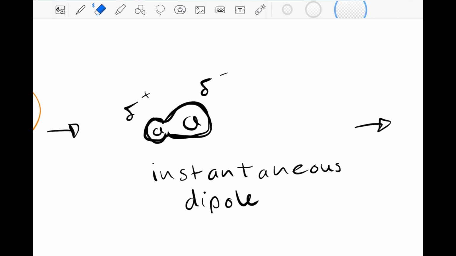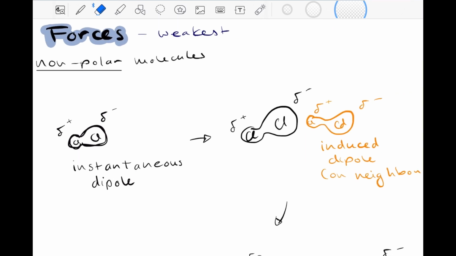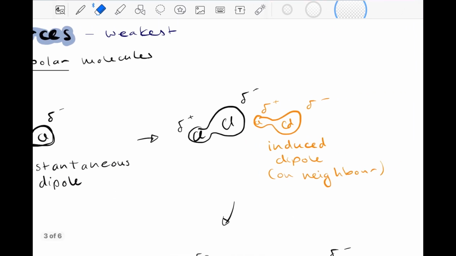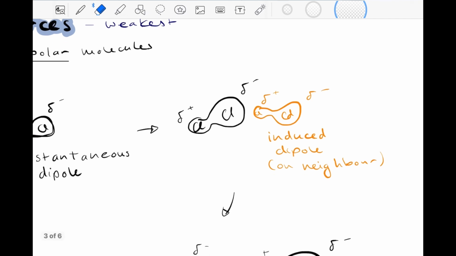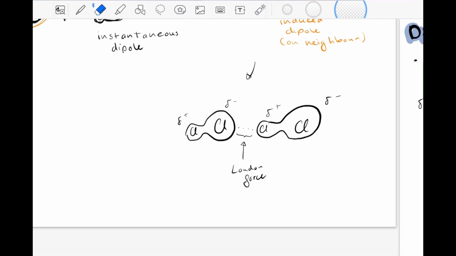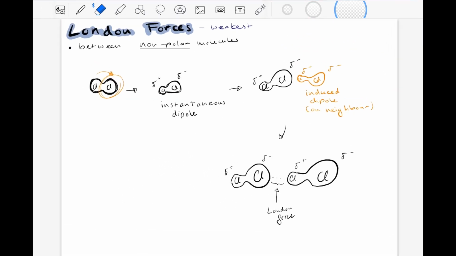So the electrons within the neighboring molecule move, and it has an induced dipole. Now both of the molecules have slightly positive and slightly negative sides, and the attraction between the slightly negative and the slightly positive side is what we call the London force.